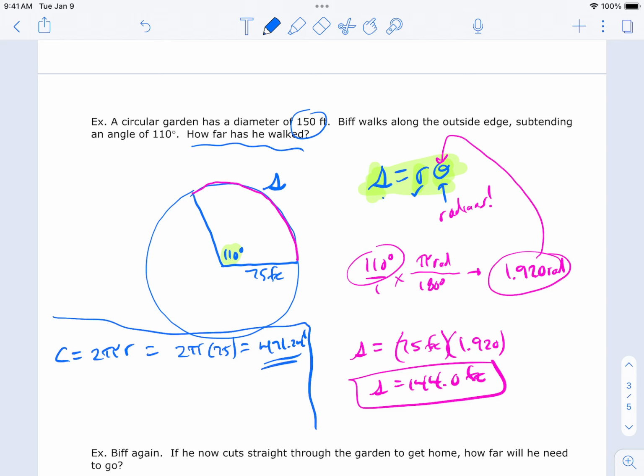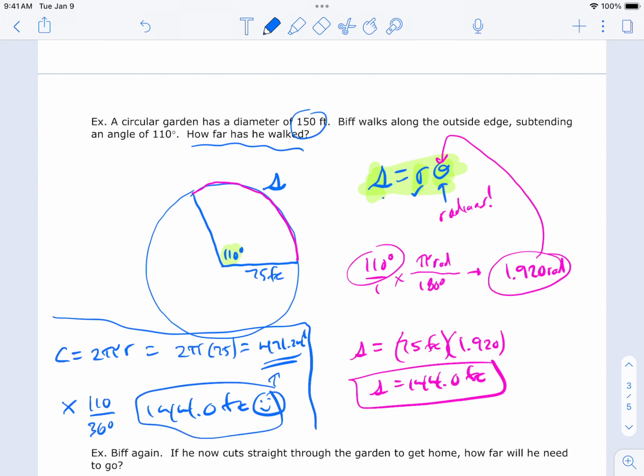So that's the circumference of the whole circle. Going all the way around the circle is 471.24 feet. But he doesn't go that far. He only goes a fraction of the way. What fraction? Well, he walks 110 degrees out of the 360 that he could walk. So you just take this number times 110 divided by 360. You're never going to believe what I get. I get 144.0 feet.